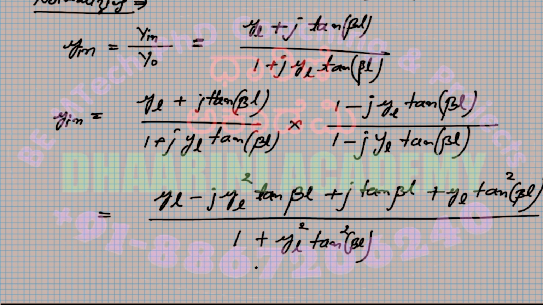Okay, now I got a Y here, right? It is at a distance L from the load, correct? This Z in, if you put L as the complete length of the line, I get the Y in.